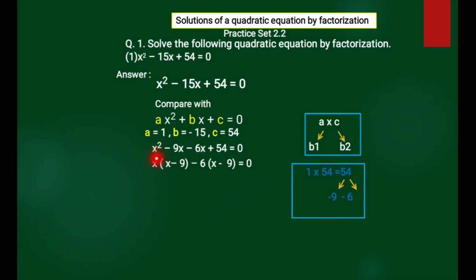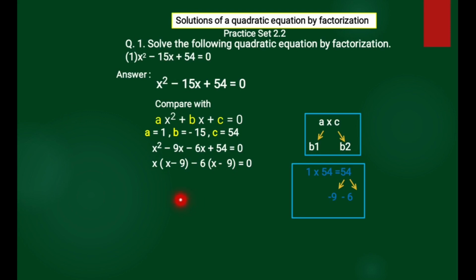Then we take variable x common from the first two terms and then minus 6 from the last two terms. If we first take variable x common, then in the bracket we get x minus 9, because x into x is x square, x into minus 9 we get minus 9x.